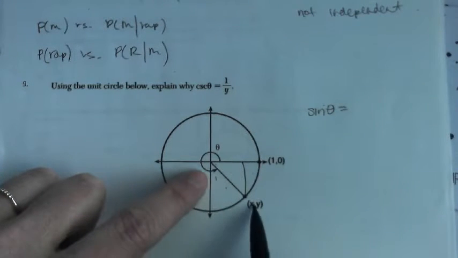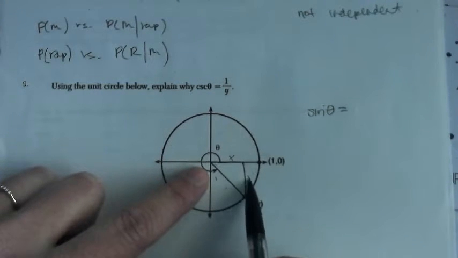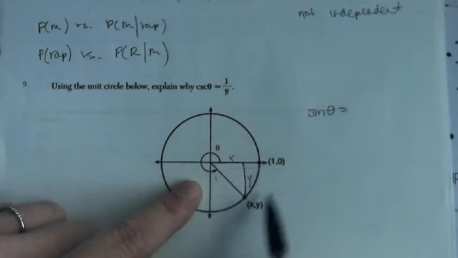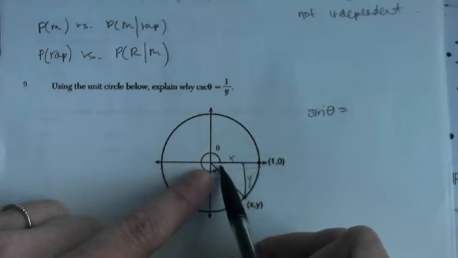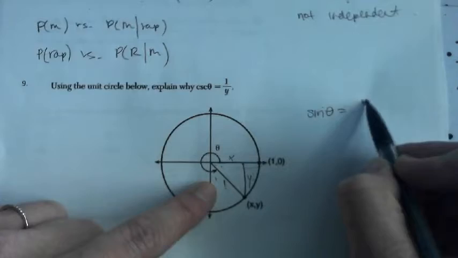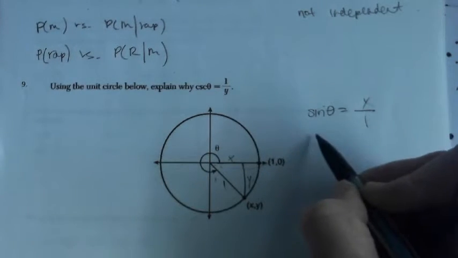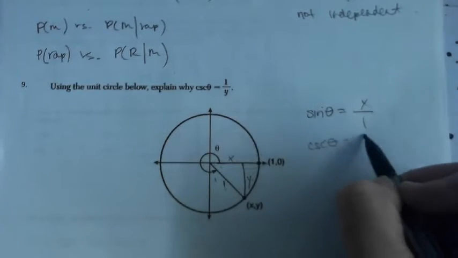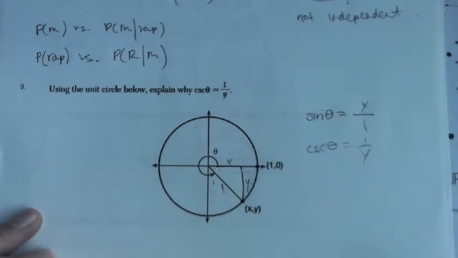This xy coordinate means that this is x, this leg of our right triangle is y, and we're in the unit circle, so your hypotenuse is 1. So the sine of your angle is opposite over hypotenuse. And since cosecant is the reciprocal of sine, the cosecant is just going to be 1 over y. That's all. It wasn't difficult once you see it, but people struggled with that one.